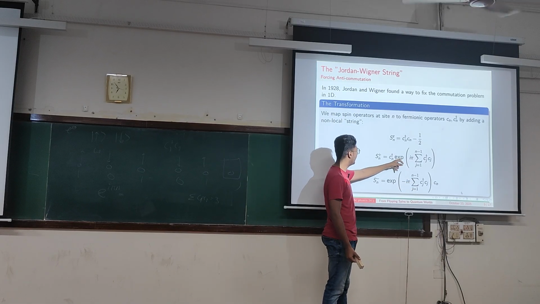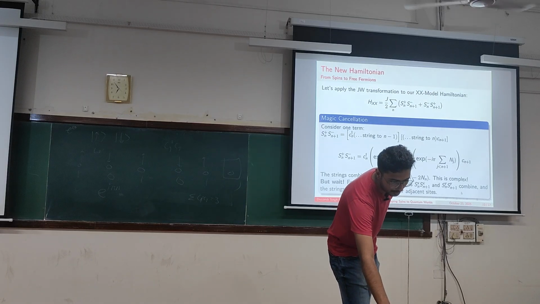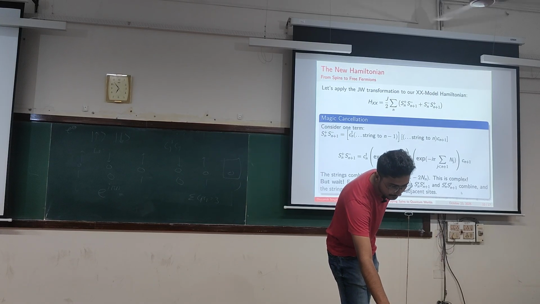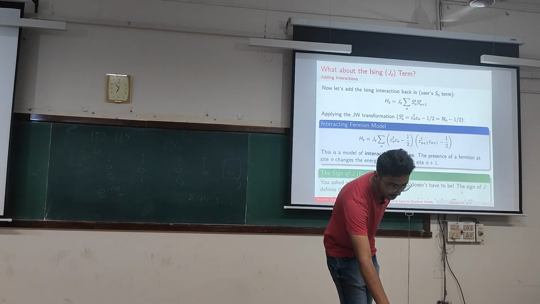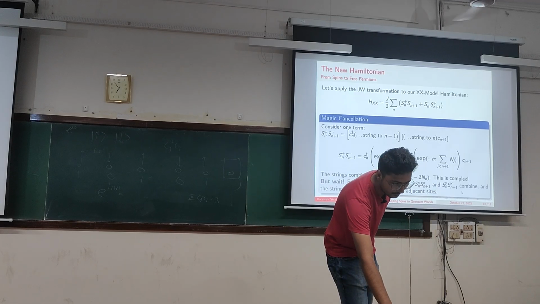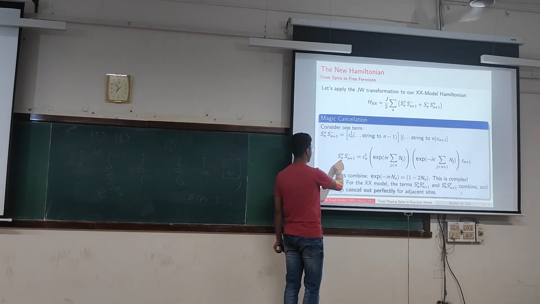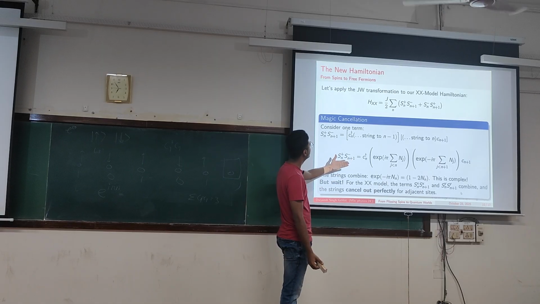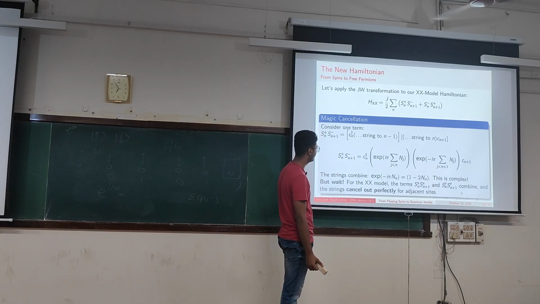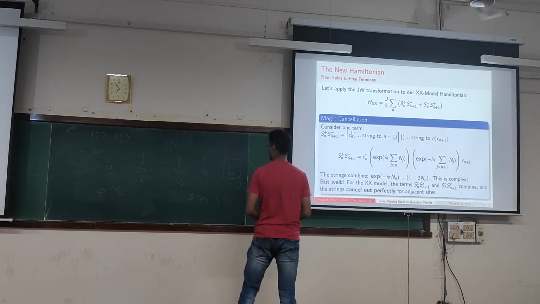So when we multiply this, we get a... so if we multiply Sn plus and Sn minus, all these things will eventually cancel out, and actually you can show this.